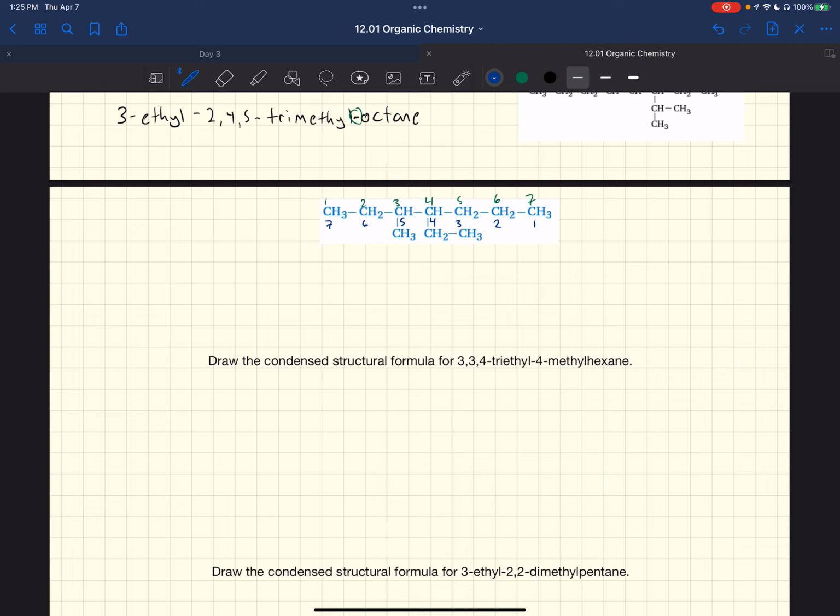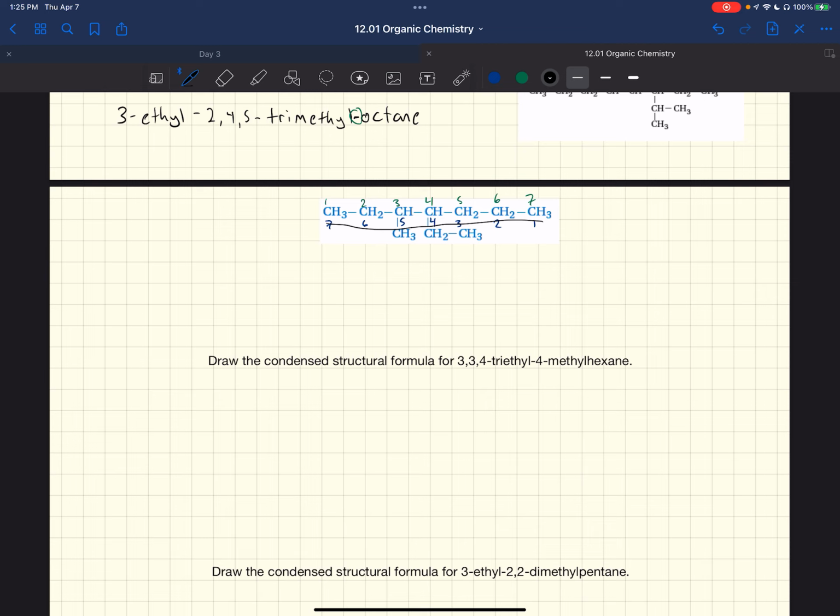I can number it one of two ways. The green way, my numbers are 3 and 4. The blue way, my numbers are 4 and 5, so we want to go with the blue way. Oh, sorry, no, we want to go with the green way, not the blue way.